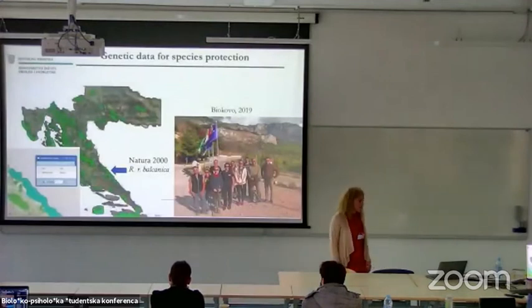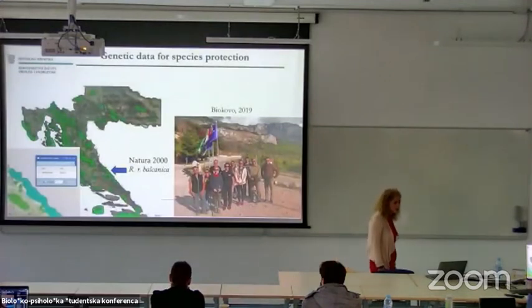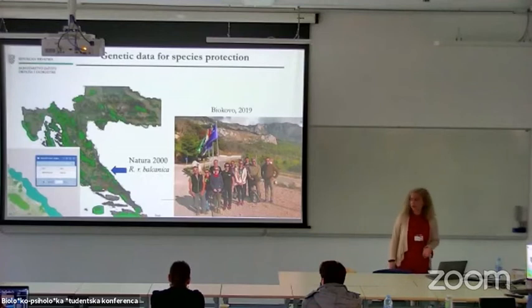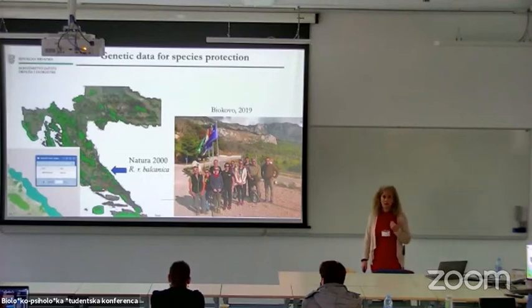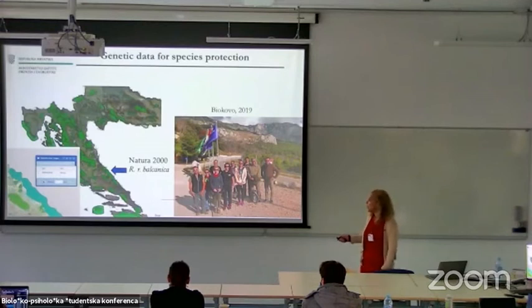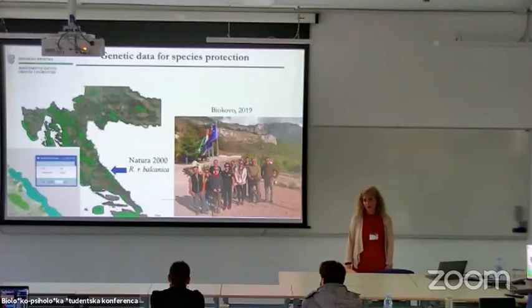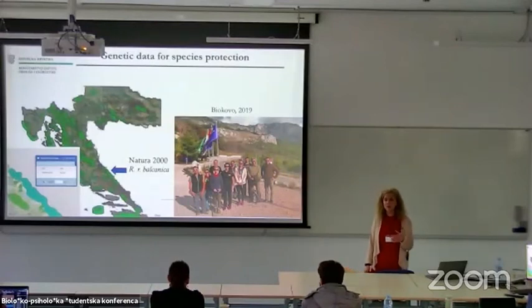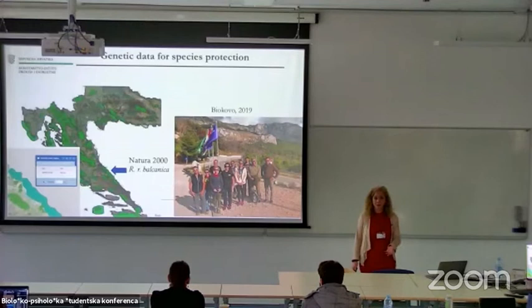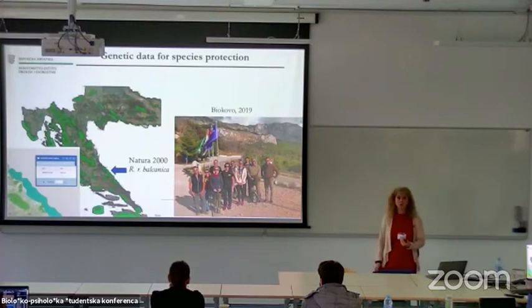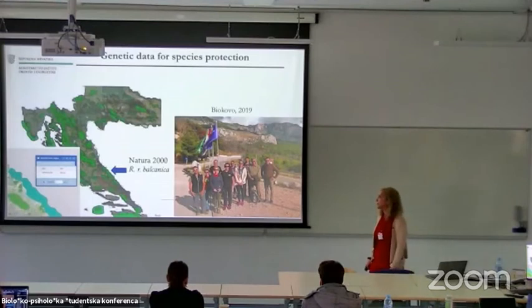I many times tell this story to my students. Using our genetic publication, the Croatian Ministry for Environmental Protection announced Dinara Mountain as a Natura 2000 site for the Balkan chamois. It means that if you have a Balkan chamois in the Habitats Directive, you also need to have a Natura 2000 site for the protection and management of the species.